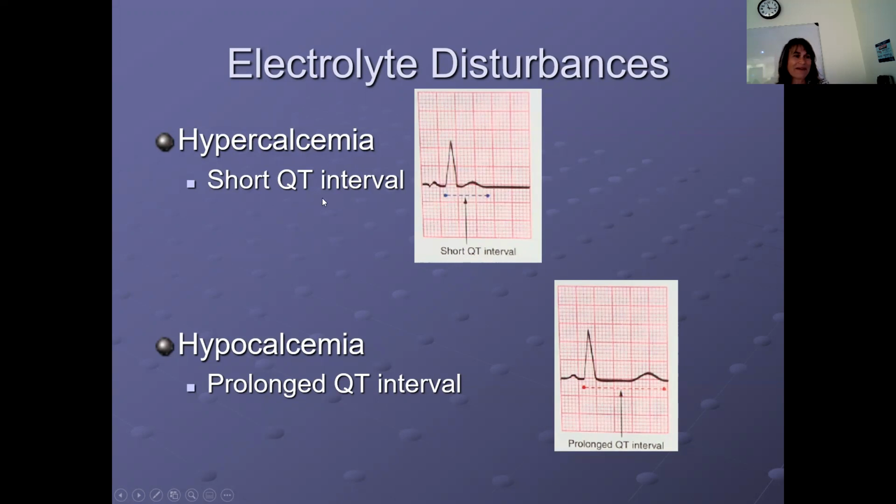High calcium, short QT. High cutie. Would that be good? And then if you notice, it takes a long time for the ventricles to repolarize. You have a long QT interval, and that's because of low calcium in the body.